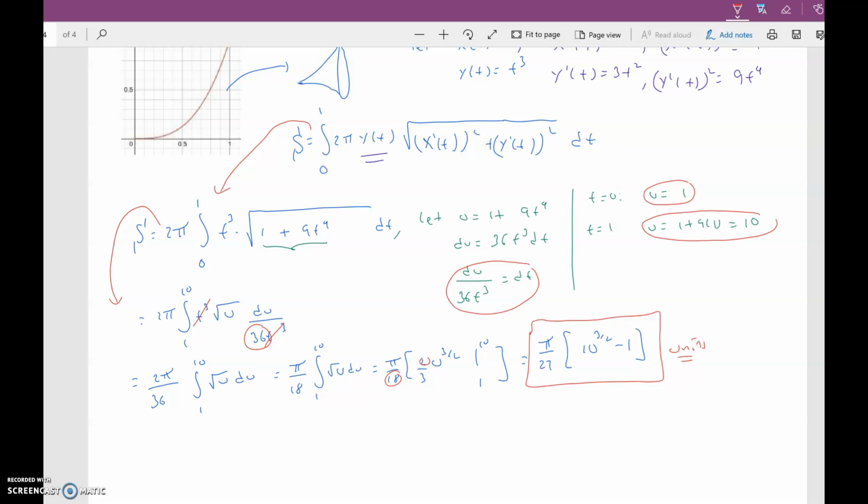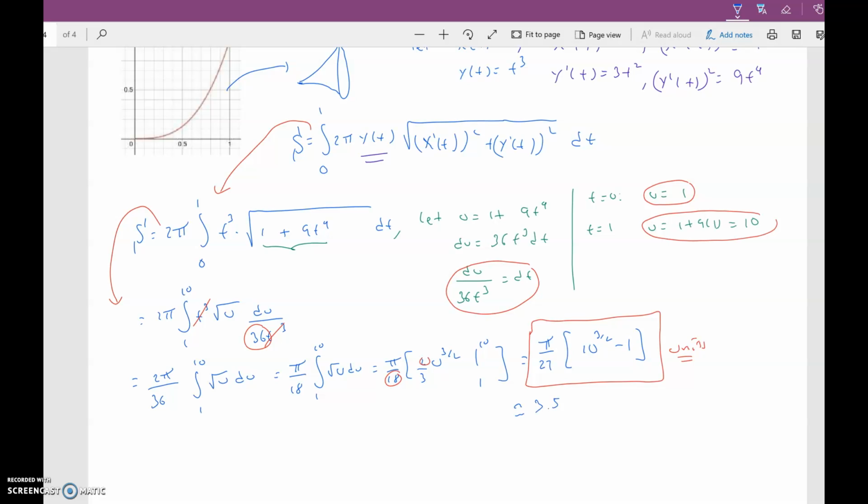This will be in square units, our exact answer. Let me punch it in to get a decimal approximation. I'm getting that this is 3.56.